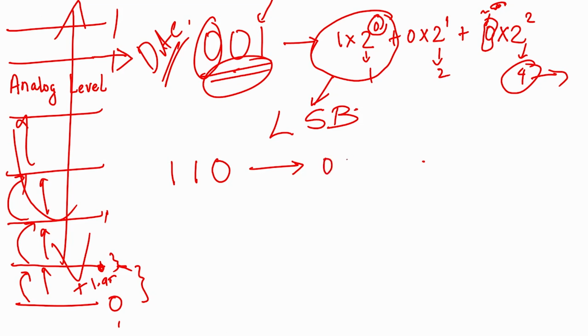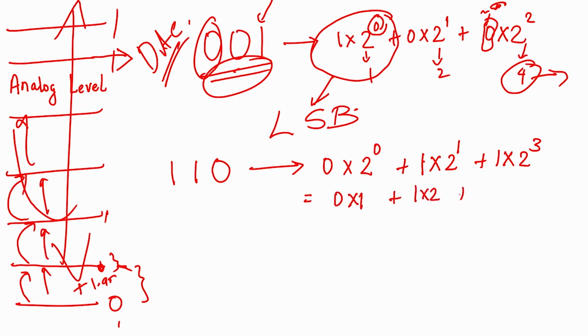So, this is 0 into 2 raised to 0 plus 1 into 2 raised to 1 plus 1 into 2 raised to 3, correct. So, that will be how much? 0 into 1 plus 1 into 2 plus 1 into 8, that is 8 plus 2, 10, correct.